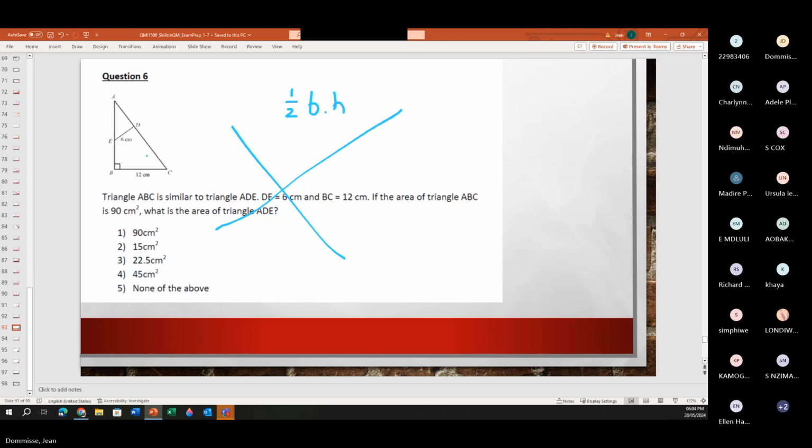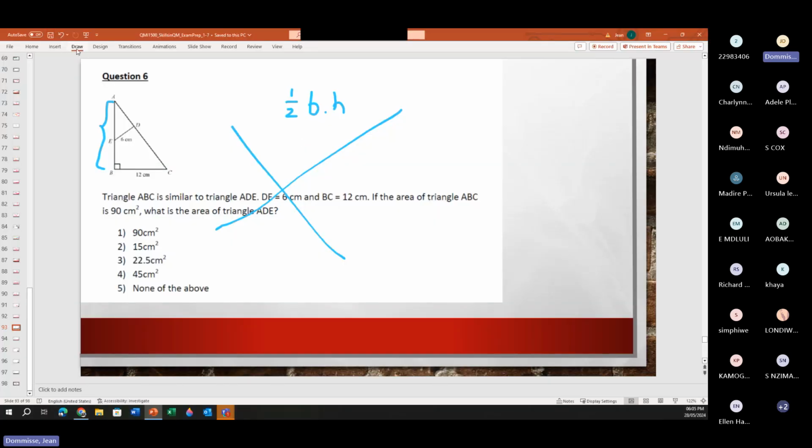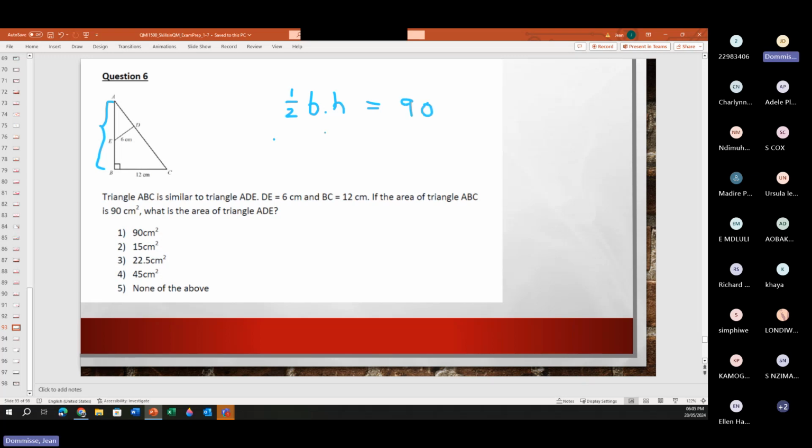So we have enough information to work out what AB is, because they tell us that the whole triangle is 90. So we've got a half, we've got the base of 12.